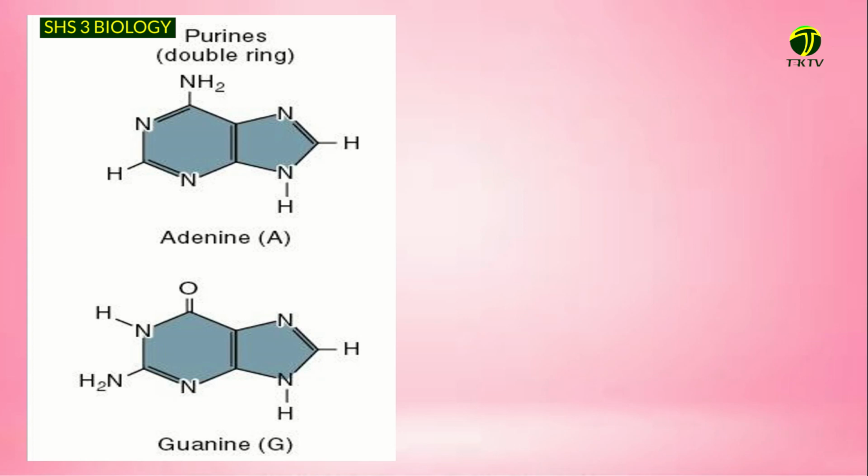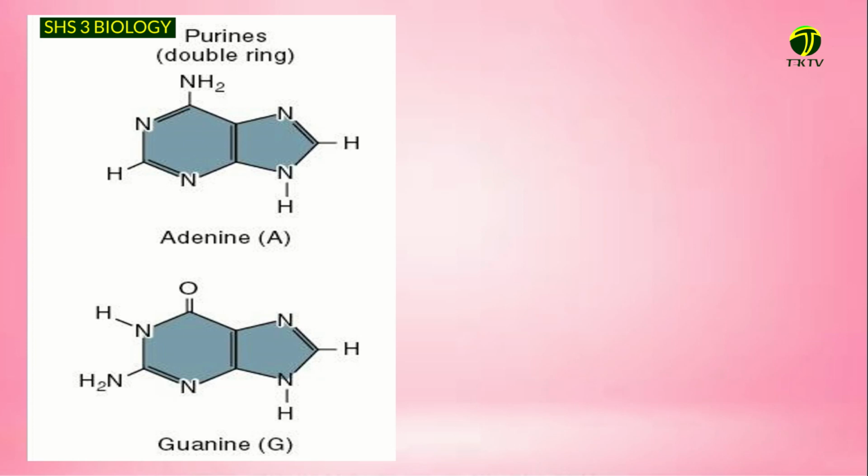Then the bases are also in two forms, those with double ring and those with single ring. That is what we need to know, so that whenever we see those with double ring, we know that they are the purine bases. And those with single ring will be called the pyrimidines.